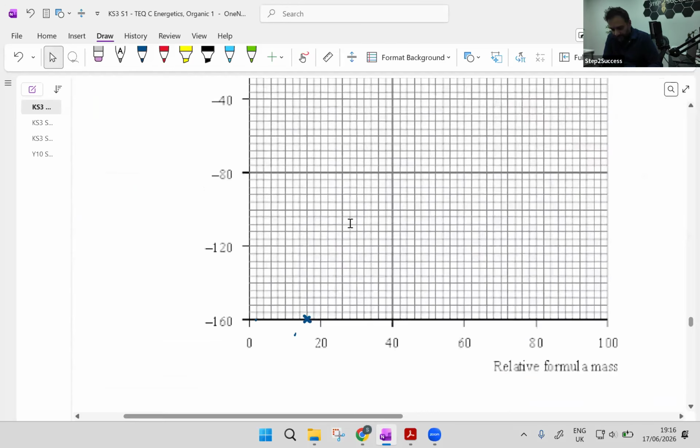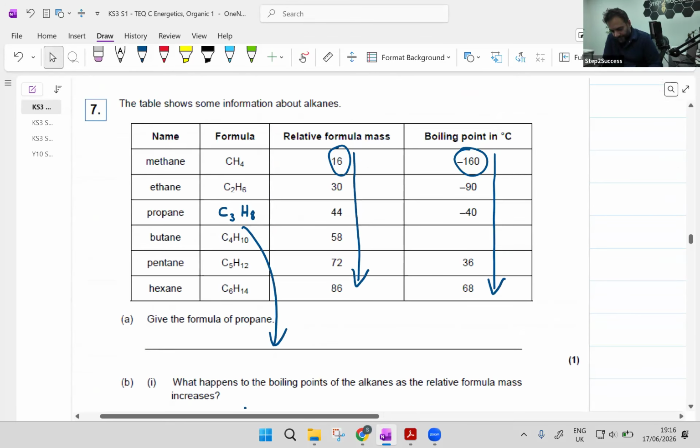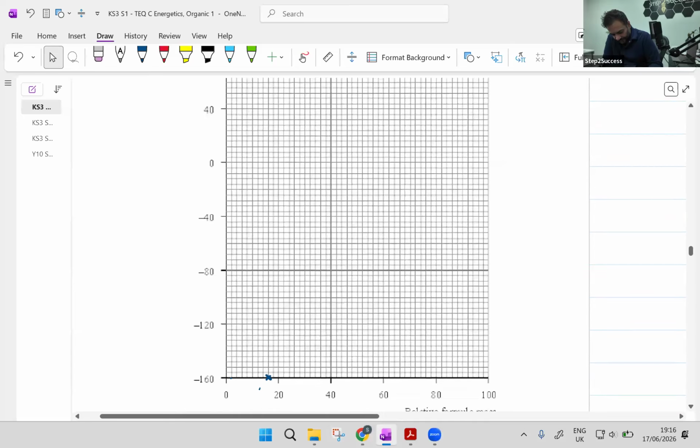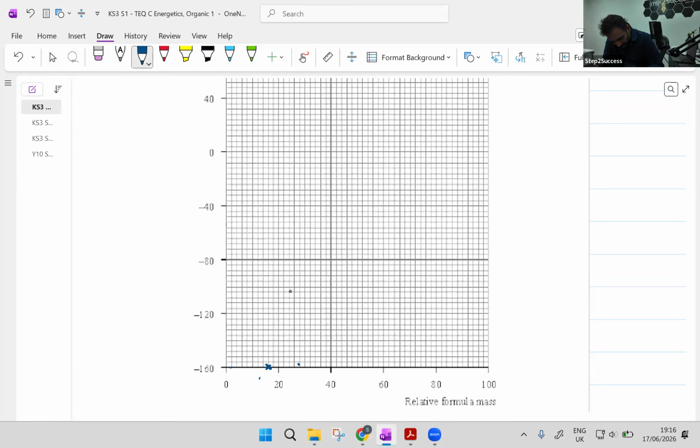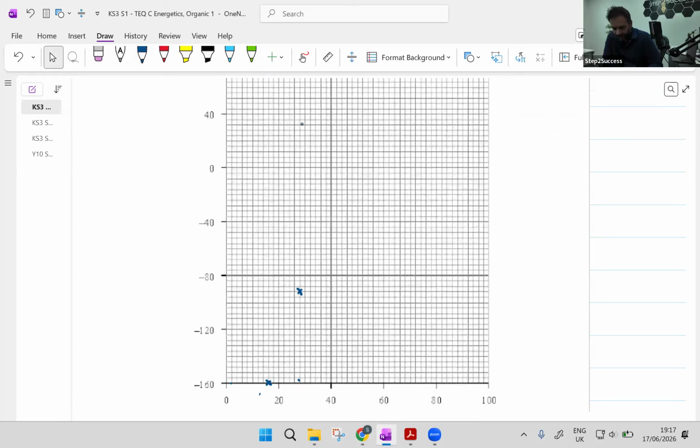So that's there for minus 160. And then 30 is minus 90. 30 will be about there, so that'll be minus 100, so minus 90 is in the middle of that. So it's going to be about there.